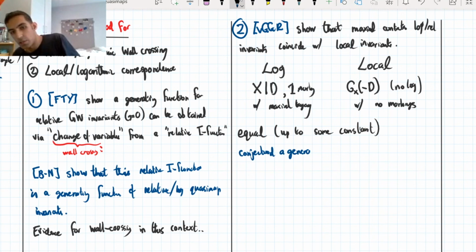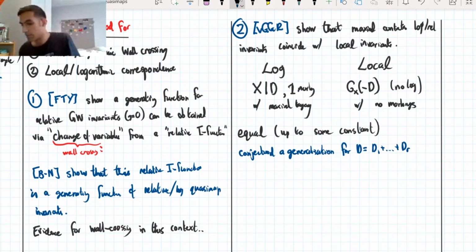And they conjectured a generalization for when D is not a smooth divisor, but a reducible divisor, a simple normal crossings divisor.